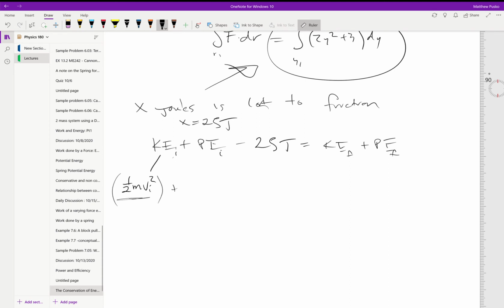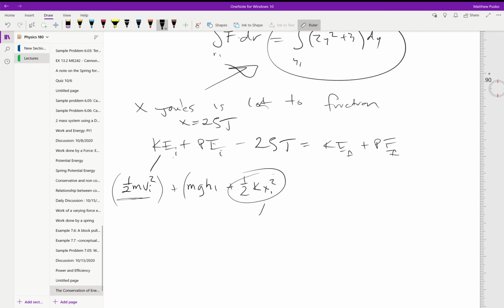And then I look at the problem and say, okay, what kind of potential energies could we have? It could have some mgh1, and it could have some 1/2 kx squared. Now notice this is positive. It's always positive, and we just put it in on the left or right hand side for its initial or final state.